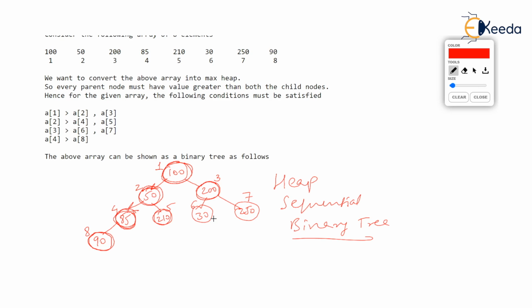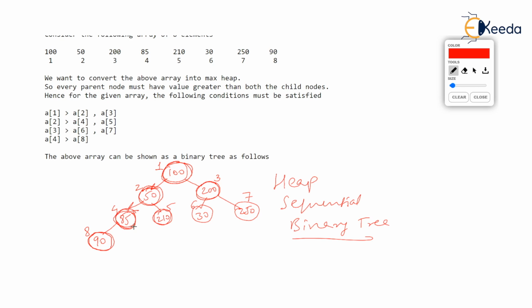And the great idea is you always start adjusting value of the last parent first. Don't directly adjust value of the first parent, doing something like I will make this first parent larger than both the children. No, no, don't do that. You will start adjusting the last parent first, and the last parent is situated at 4. After this, no other node is parent. Every node is a leaf.